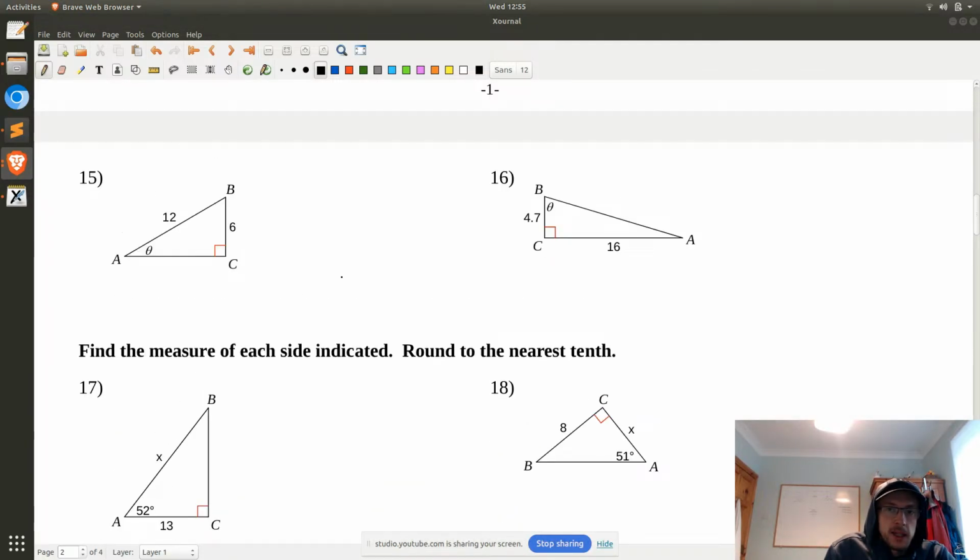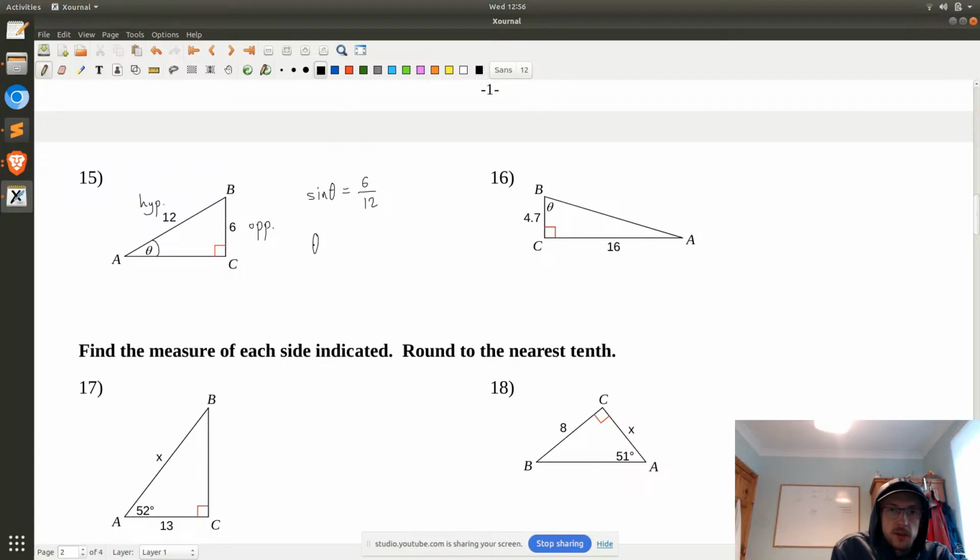Next up, this pair here. So we have the opposite side, we have the hypotenuse. So who's that? That's sine of theta. Sine of theta is the length of the opposite side divided by the length of the hypotenuse. So sine of theta is 6/12.